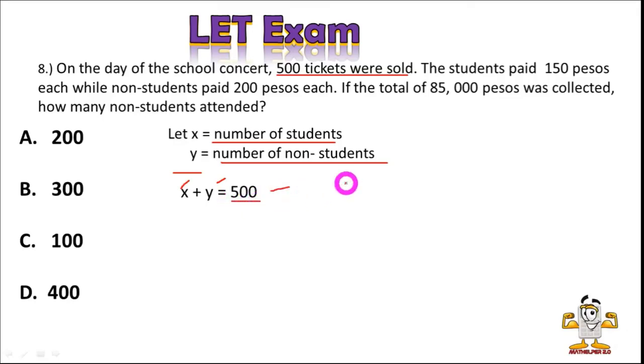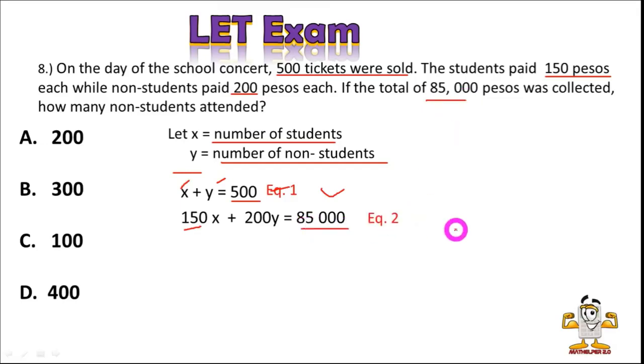So, next is, this is our equation 1. Sabi rin sa ating problem is 150 pesos for students. So, 150x plus the 200 pesos for non-students, 200y, which is collected at 85,000 pesos in all.